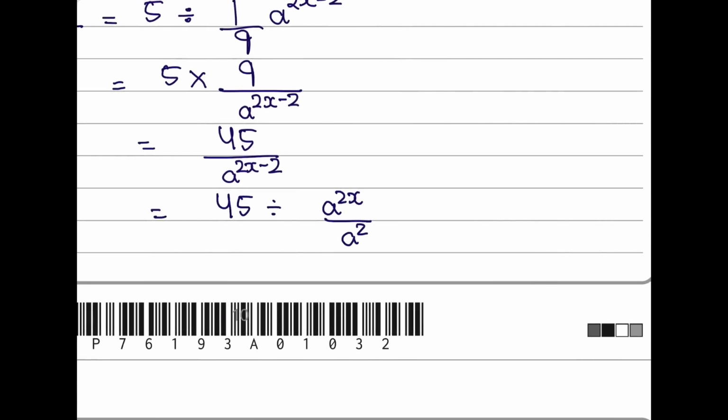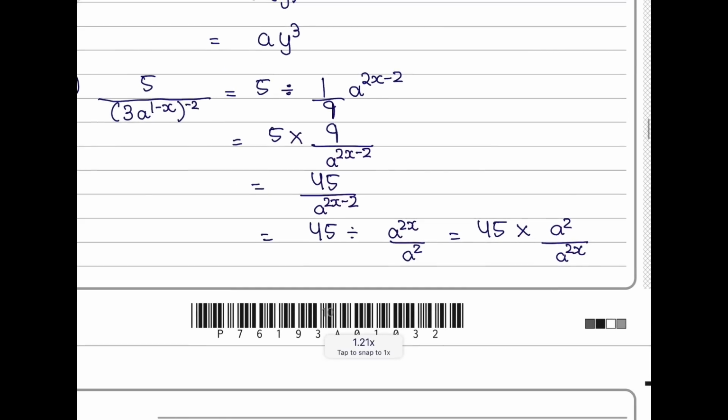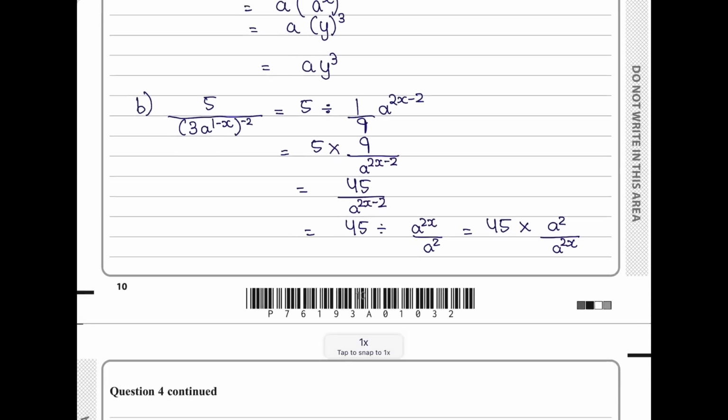And I can basically write this down as 45 into a squared over a raised to 2x, because it's just inverting the fractions again.